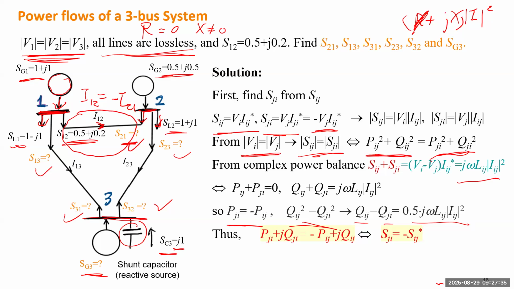So to get the complex power of bus j, the second bus, we only need to add a negative sign to the real power of the first bus, and we keep the same reactive power of the first bus. So if we know the complex power of the first bus, bus i, we just calculate the conjugate and also add a negative sign. So we'll have the complex power of the second bus.